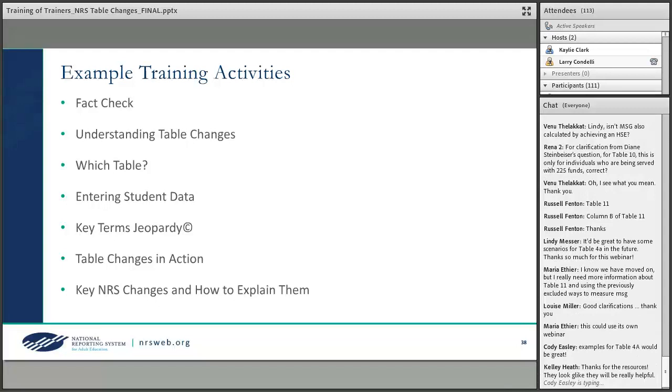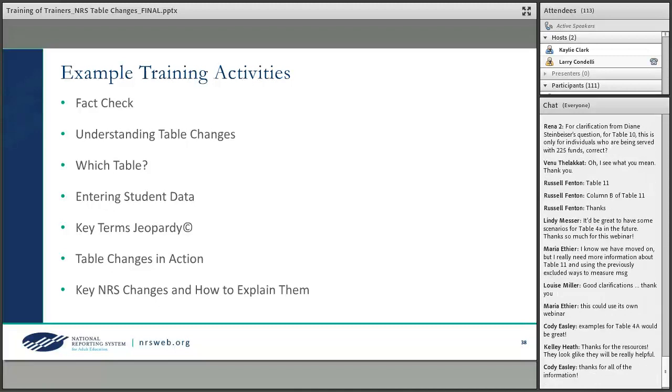And like Larry said, this is something that I think we looked at, and the reason we were saying this earlier is that we were appreciating the focused clarity that would come with only reporting individuals who were being served with Section 225 funds.